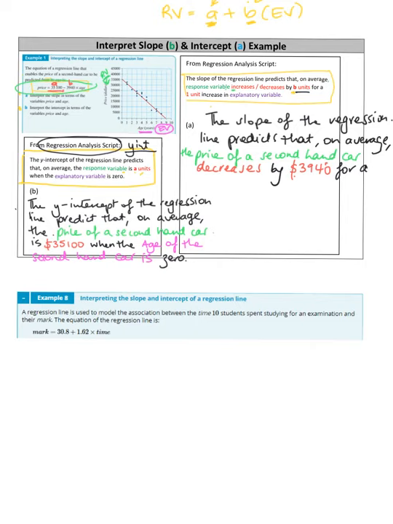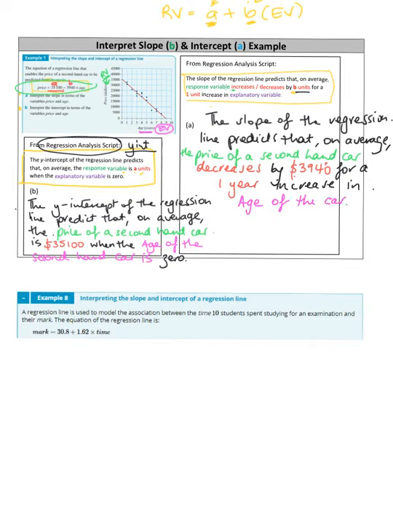So we write in there for a 1 year increase in, and instead of explanatory variable, we're going to write age, for a 1 year increase in age of the car, or second-hand car, or something like that.